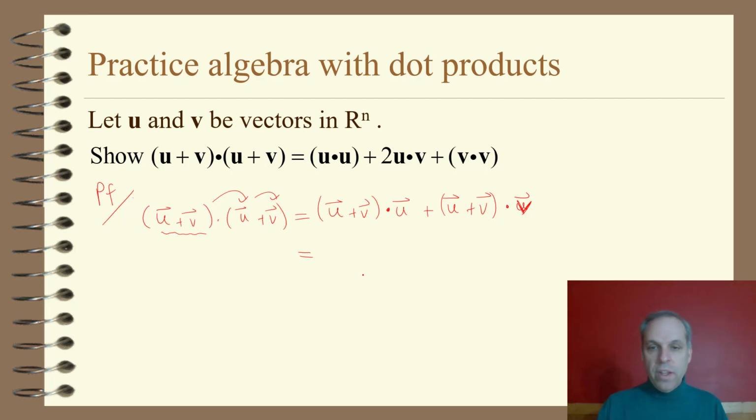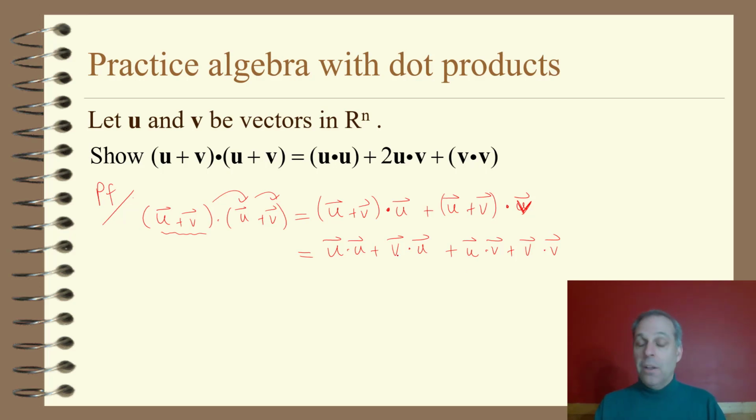So if you want, you can think of this as u dotted with the sum. So you can distribute this dot product also through the sum, even though the sum is in the first portion of the dot product. That would be u dotted with u plus v dotted with u. I'll do the same thing for the second one. That'd be then u dotted with v plus v dotted with v.